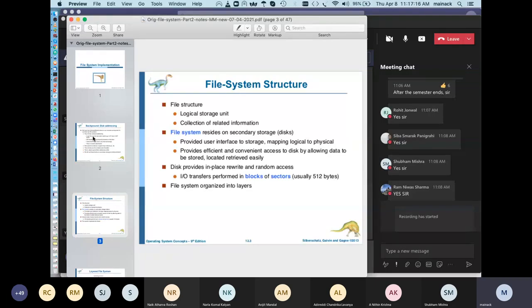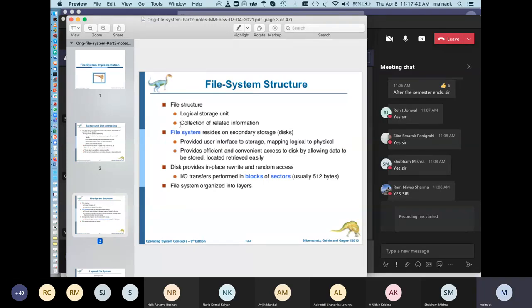Two things actually. When you are creating or doing anything with a file, there are two steps. The first one is to find the logical storage unit, basically finding the ith block where the actual data is stored.